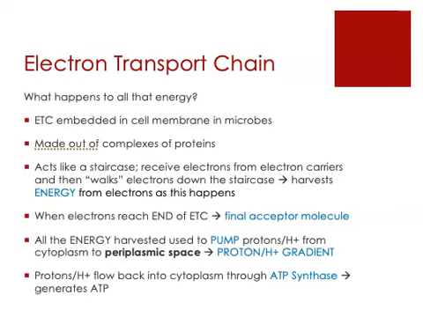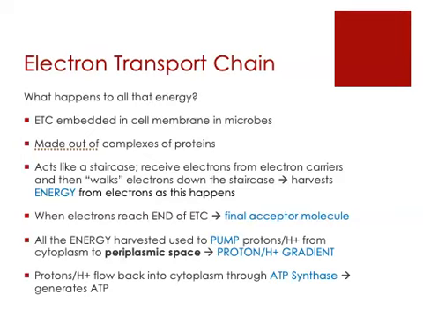By the bottom of the staircase, those electron particles have less energy than they did when they were at the top of the staircase. And the energy that they have lost has been taken by those transport chain proteins. And it's going to be used now to build that ion gradient, that hydrogen ion gradient.